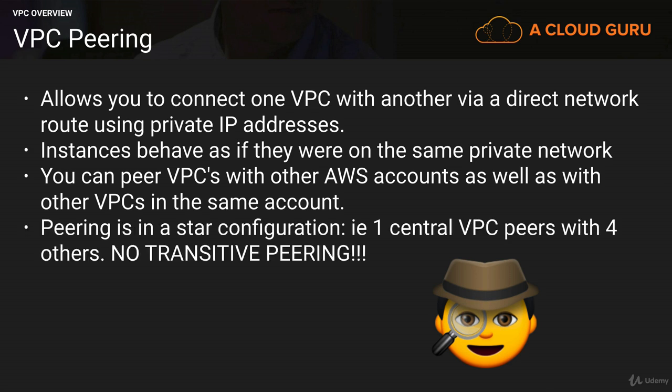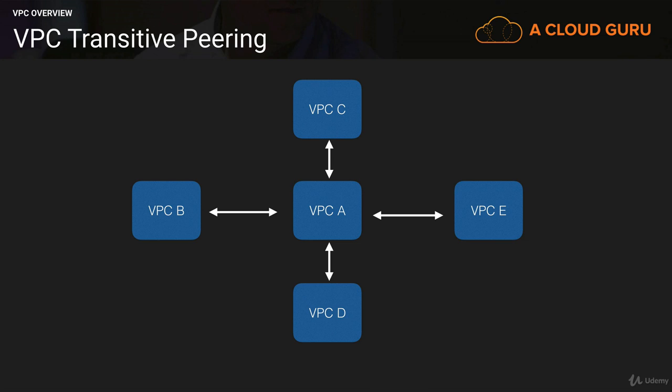And peering is always in a star configuration, or a hub and spoke model as it's sometimes called. So you always have one central VPC and you peer that out with four others. So we have no transitive peering, and I'll just show you what that looks like. So here we go.